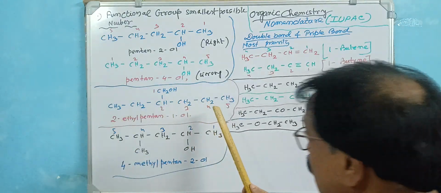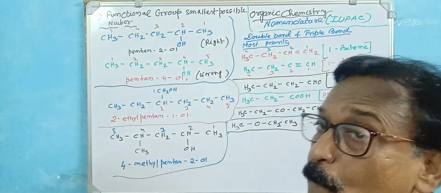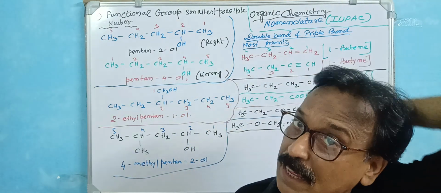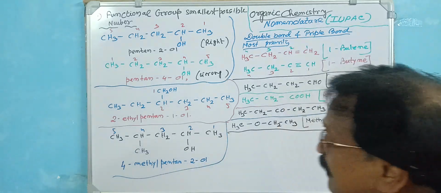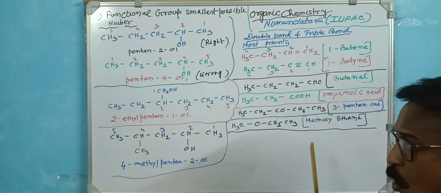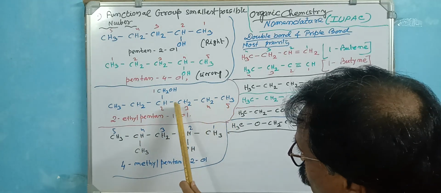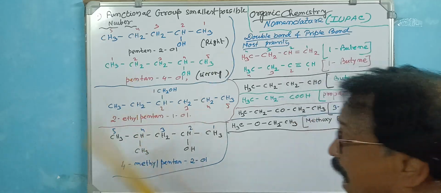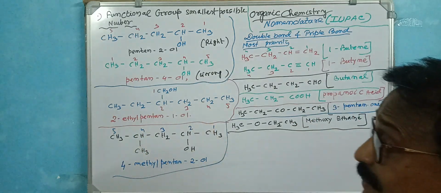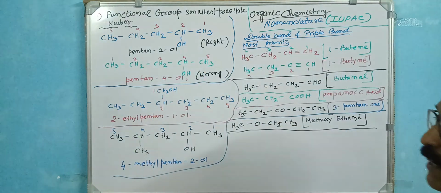If you start from here, 1, 2, 3, 4, 5, the functional group is at the fifth position. But if you start from here, 1, 2, 3, 4, 5, 6. But the functional group always gets the lower position. This is the very important thing.